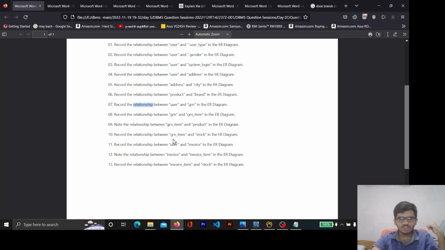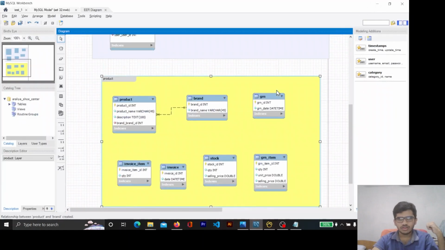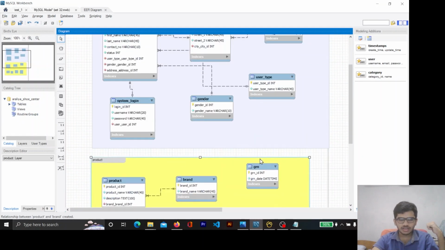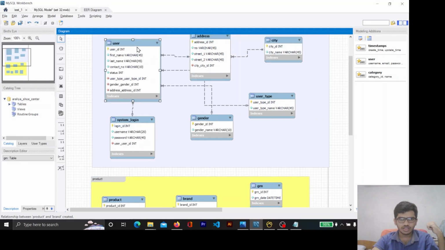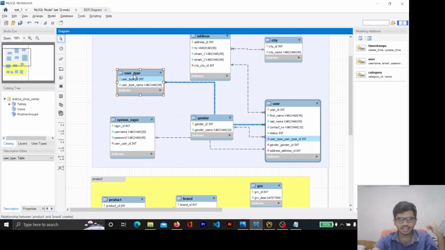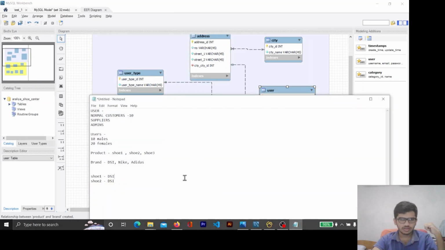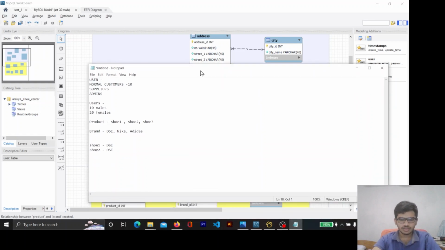The seventh question suggests that you have to find the relationship between user and GRN. The only users that have GRNs are suppliers. Suppose there are supplier 1, supplier 2, and then supplier 3.